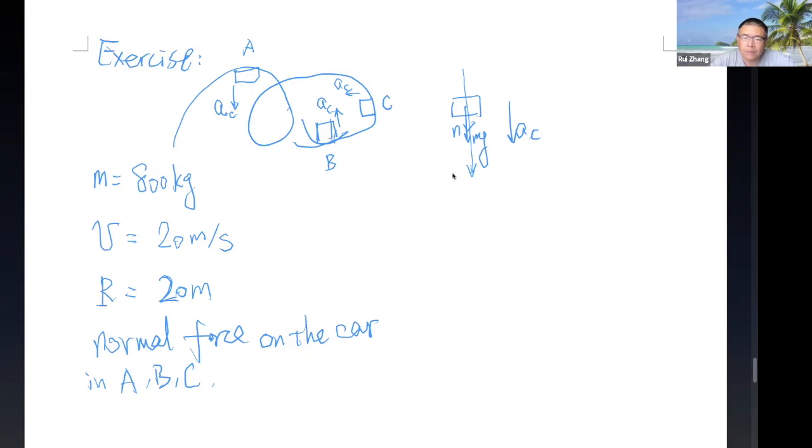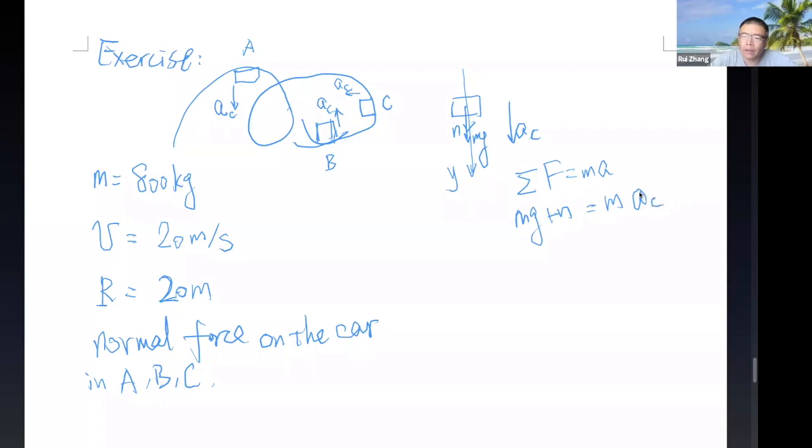So if I do this, you have total force equals mass times acceleration. In this case, mg plus N, because they're both going in the positive direction, equals m a_c. That's your equation.